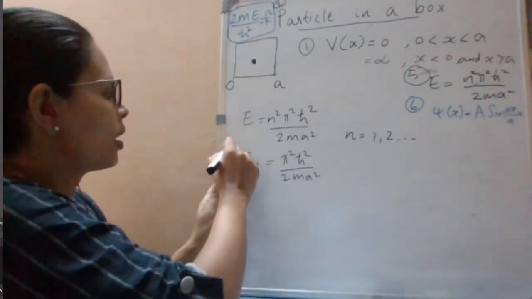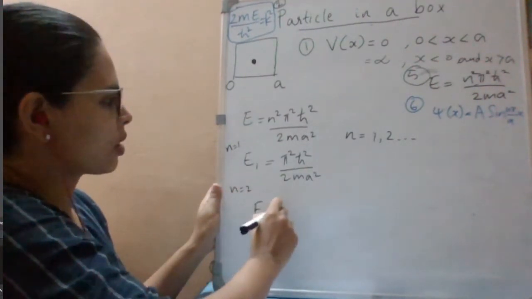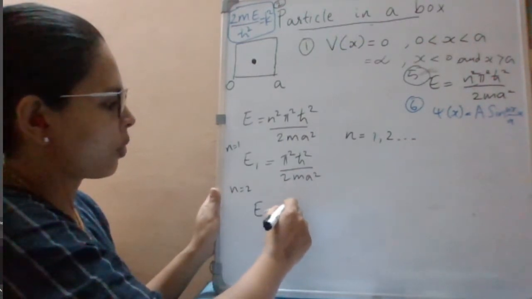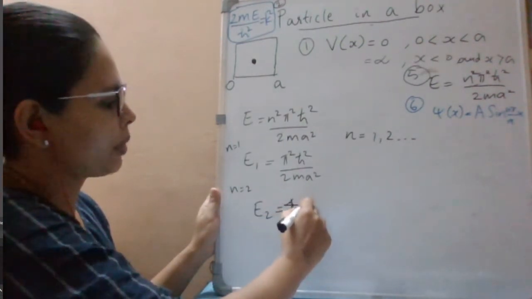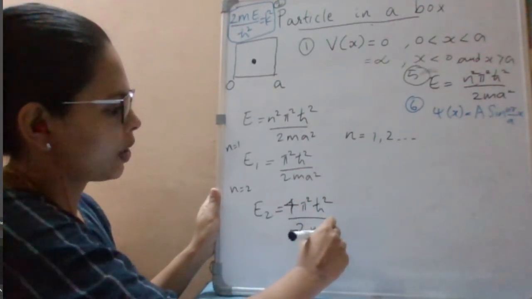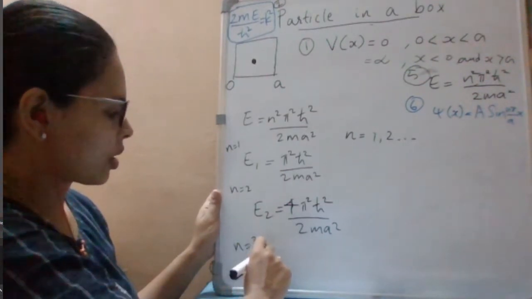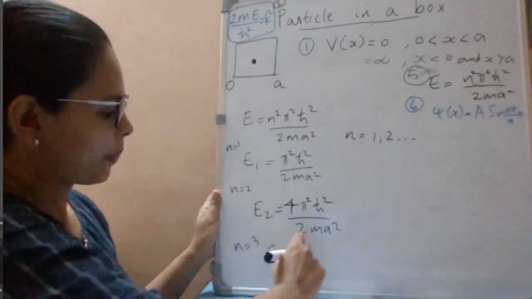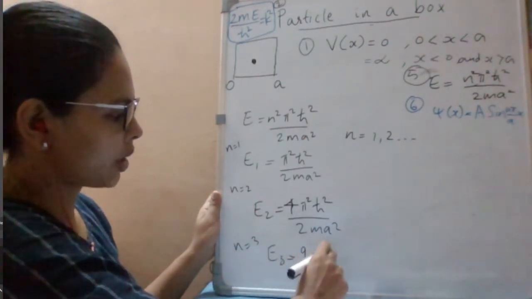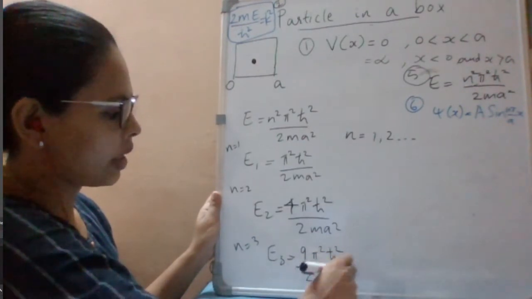When n is equal to 2, you have E2 is equal to 2 square, so 4 pi square h cut square by 2ma square. When n is equal to 3, E3 is equal to 3 square, 9 pi square h cut square by 2ma square.